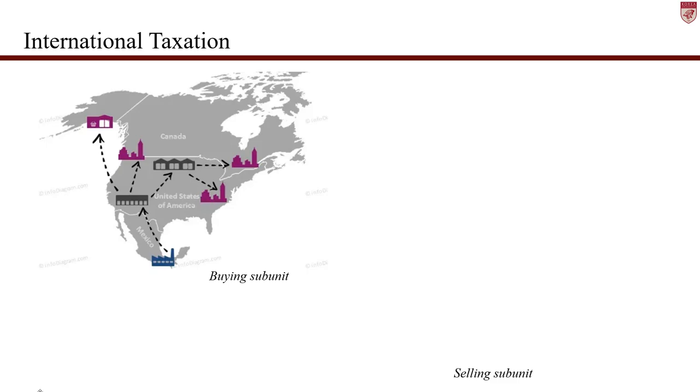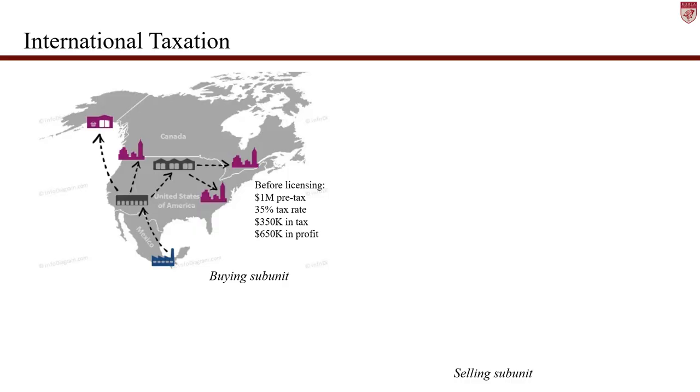Let's say there is a US firm that has different facilities within the US, and at the end of the year, they gain a profit of $1 million. Let's say that the tax rate for the firm is 35%. Therefore, it leads to $350,000 in tax, leaving $650K in profits.